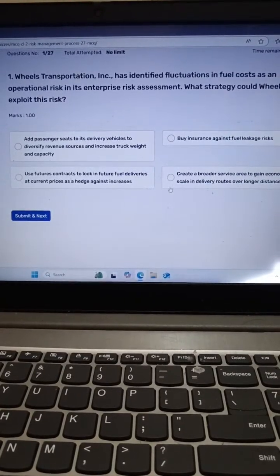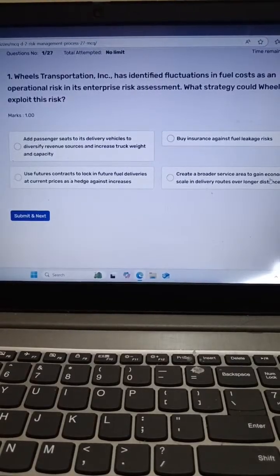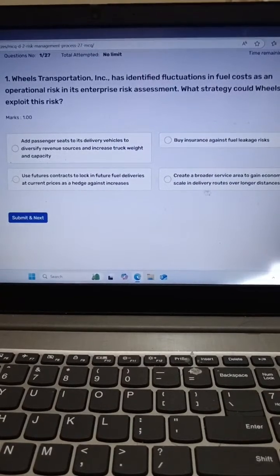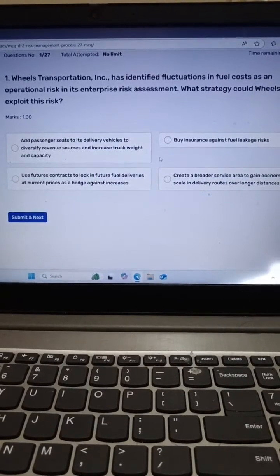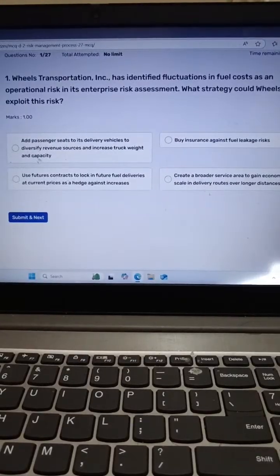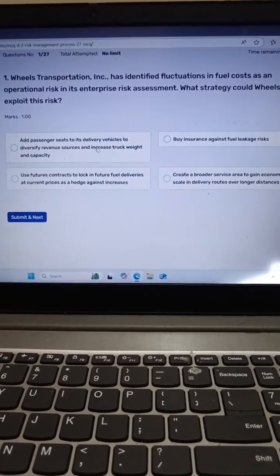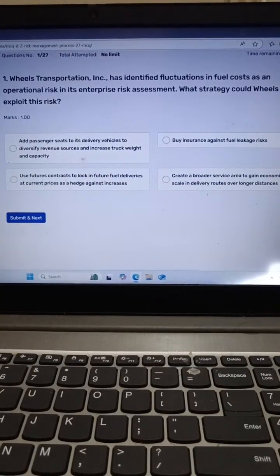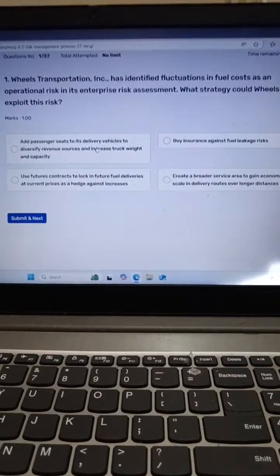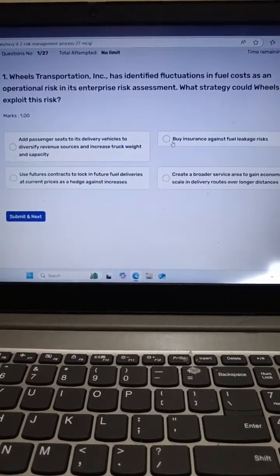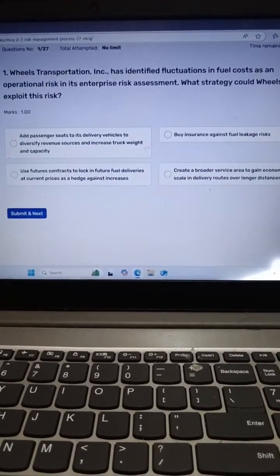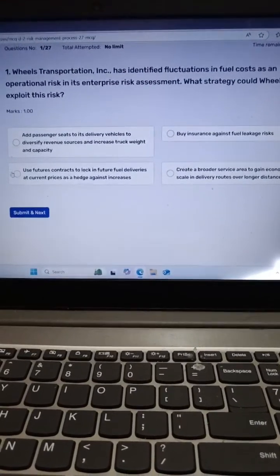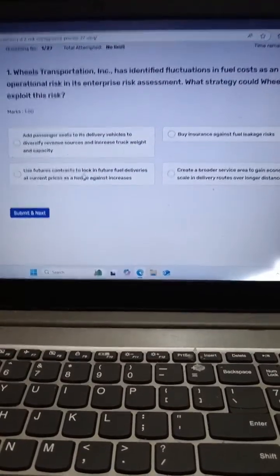Creating a broader service area to gain economies of scale over longer distances does not make any sense for this question. Option A, adding passenger seats to delivery vehicles to diversify revenue sources, increases the truck weight. This is also useless. What are the useful options here? Option B can be one option, and option C is also a possible option.